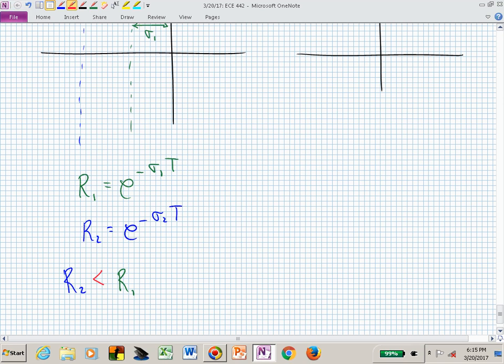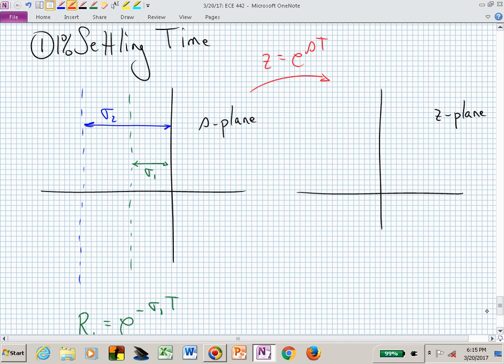And what did r sub 2 and r sub 1 represent in the z-plane? That's the radius away from the origin. So now I can actually plot these. Here is r sub 2, which is e to the minus sigma sub 2t, and you told me that r sub 2 was less than r sub 1.